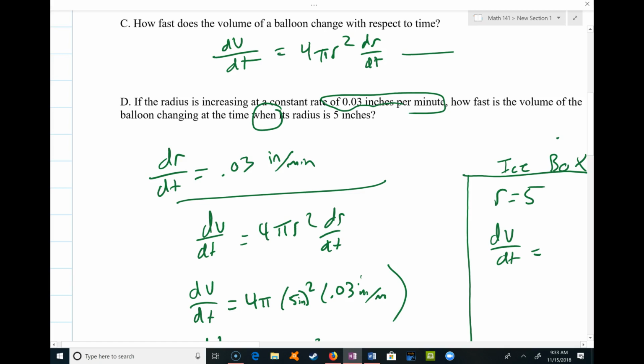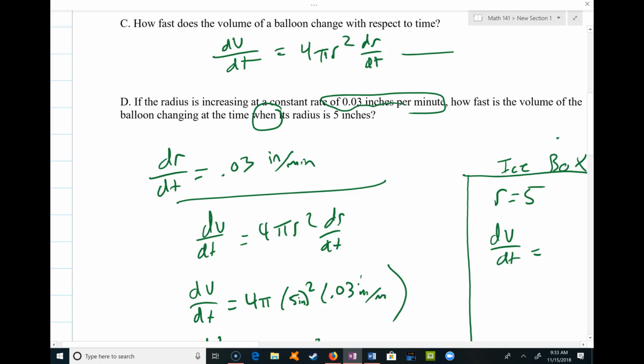What's the key in these problems? Related rate problems. You need to write an equation, any equation will do, that relates the rate that I know with the rate that I don't know. You with me on that? Would a surface area equation work here? No, because it doesn't involve volume, right?